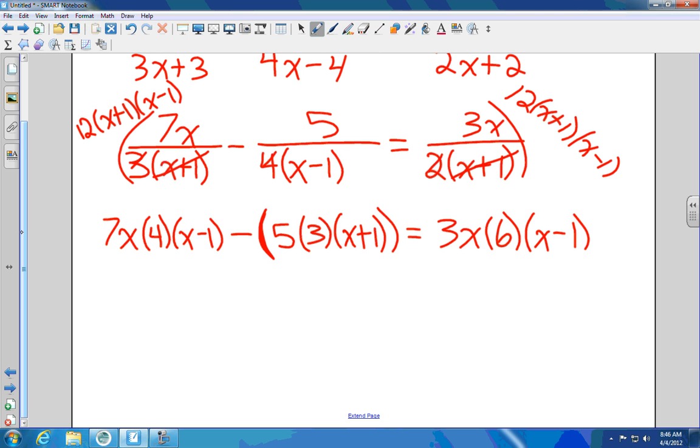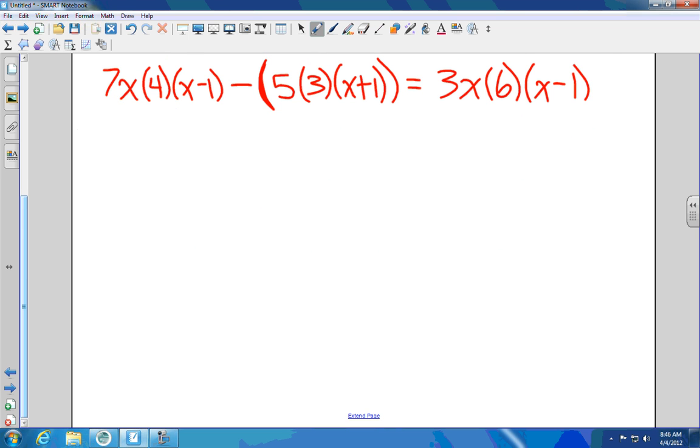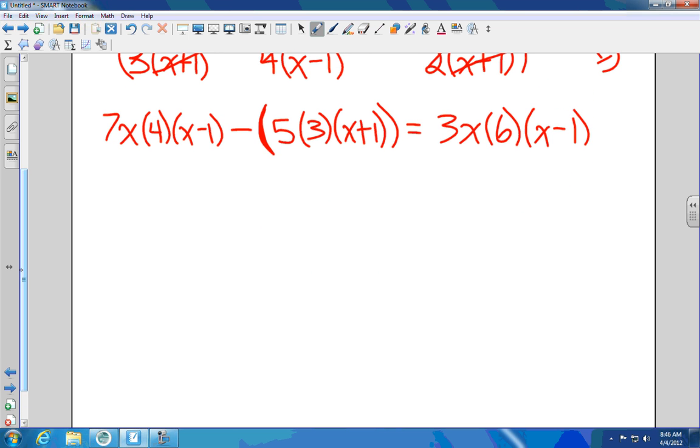So what is 7x times 4? 28x. So we got 28x there, and we're going to distribute it. 28x times x, 28x squared, and 28x times negative 1, minus 28x.